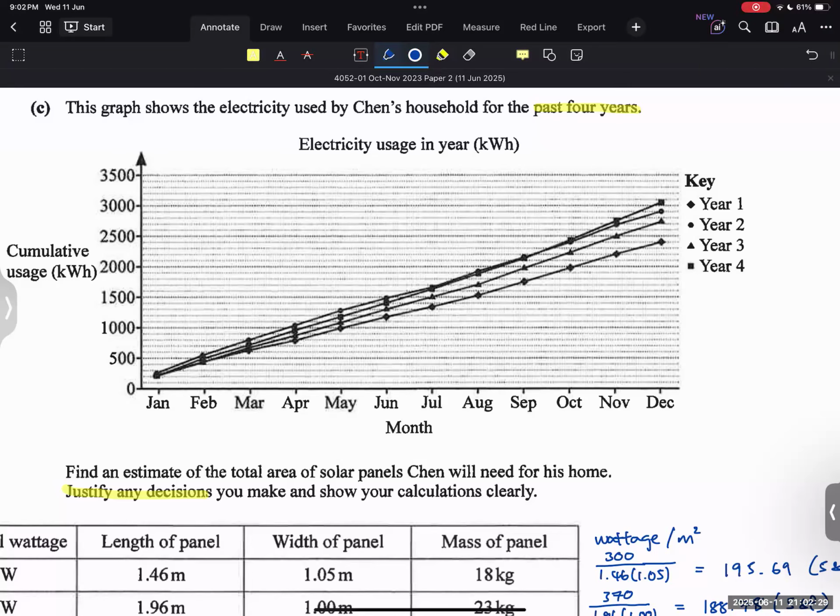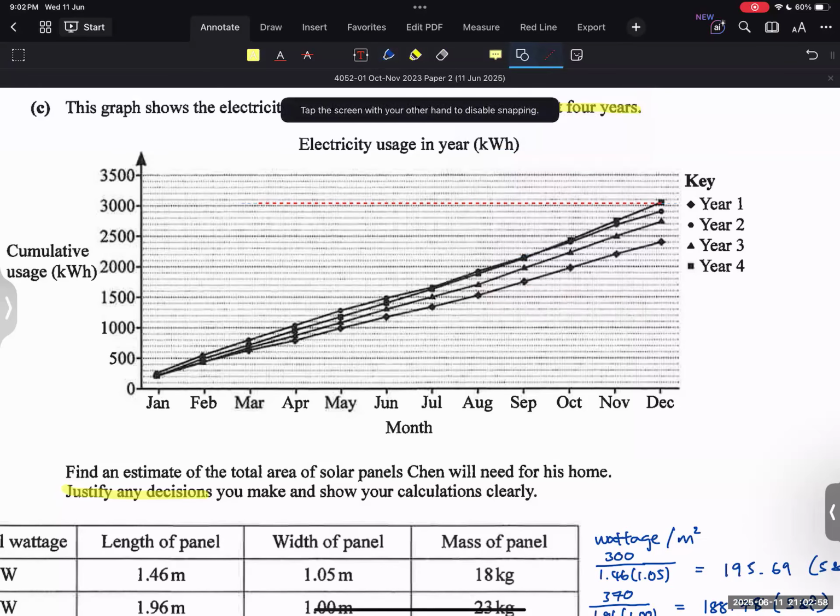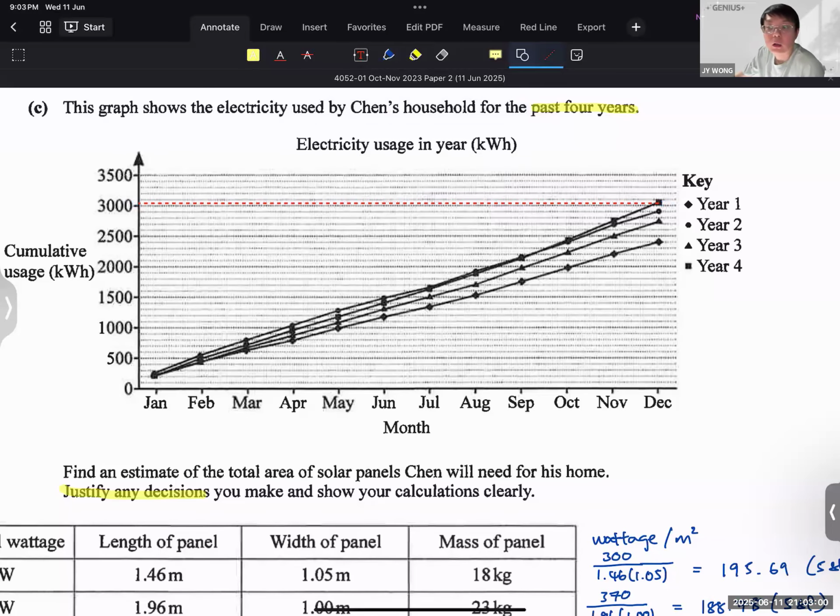Because if you take the highest, that means on average it should be lower, and then, to be safe, you show that if the highest is okay, then the lowest also can, right? Exactly. So at least, even though you don't take physics, you are logical.